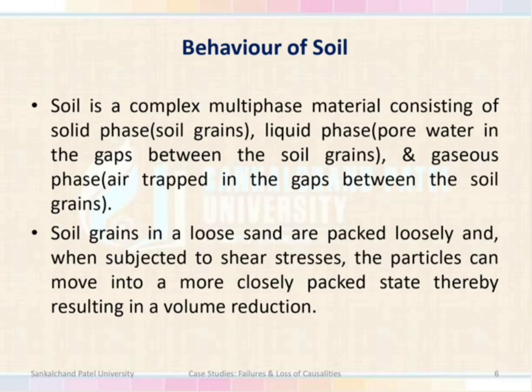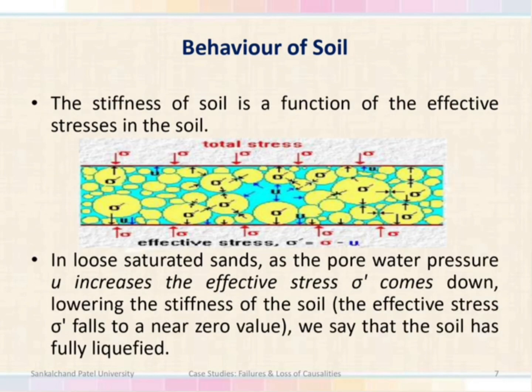We all know soil is a complex material. It has different phases: solid phase, liquid phase and gaseous phase. In the Kutch region, generally loose sand is available, which is compacted, and due to shear stresses the volume is reduced. According to Terzaghi's theory, effective stress is equal to total stress minus pore water pressure, and the stiffness is directly a function of the effective stress in the soil.